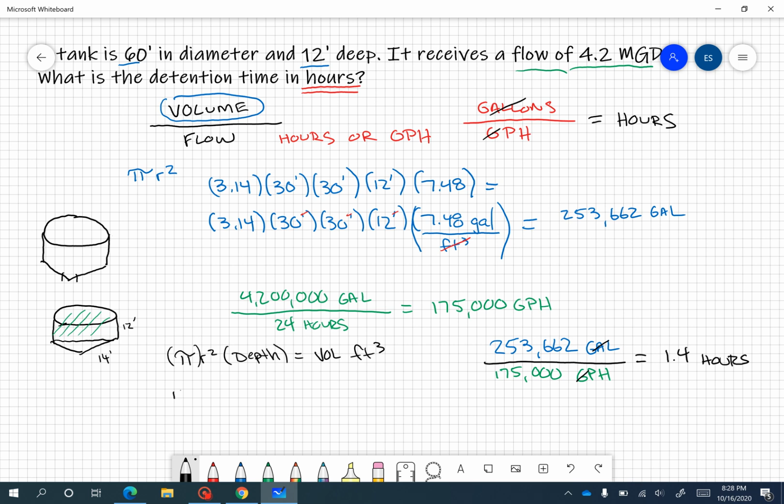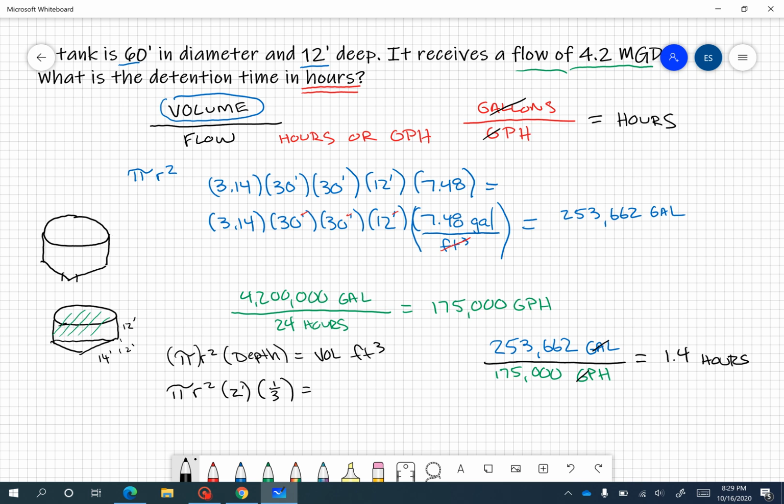So we can still use the same pi times the radius squared formula. We have 2 additional feet of depth, so we can multiply that by 2. But of course, this isn't a full cylinder, it's a cone shape. So we need to multiply pi times the radius squared times the depth times 1/3. The volume of a cone is going to be 1/3 of what it would be if it were actually a full cylinder.